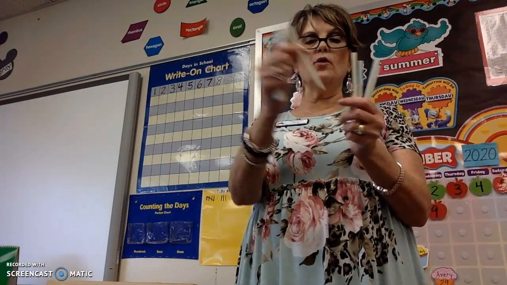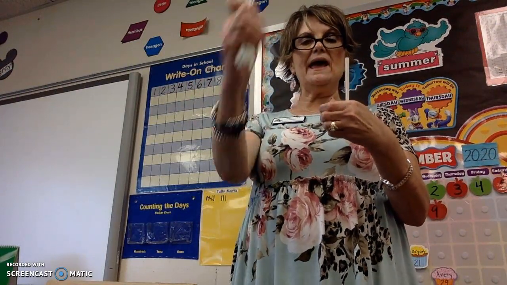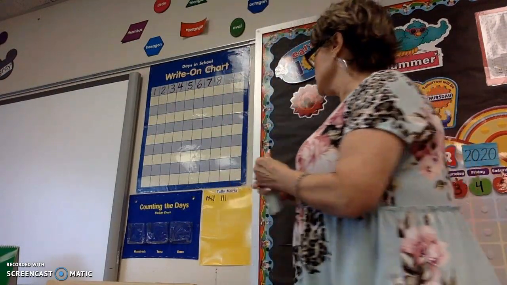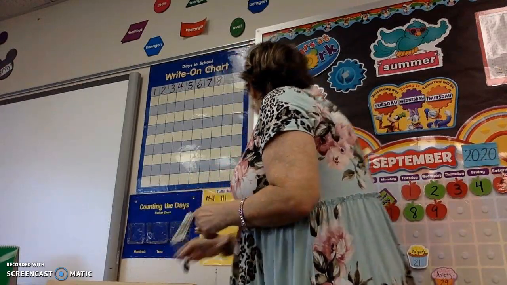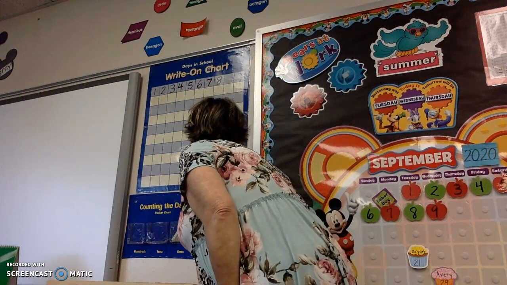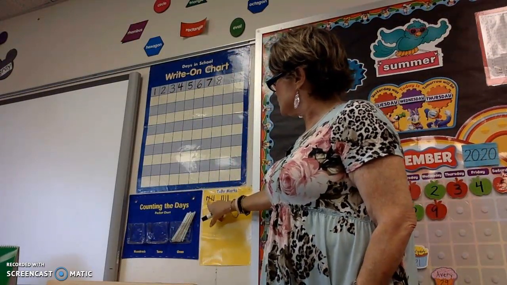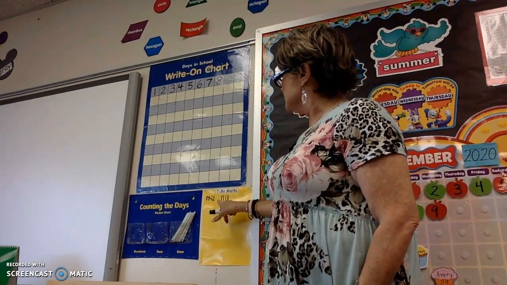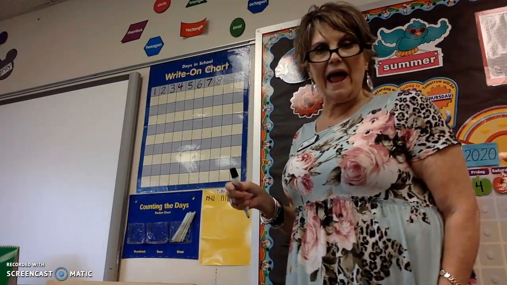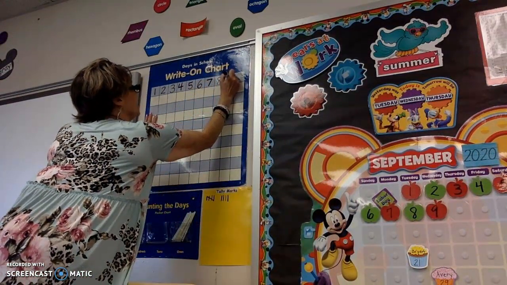So here we go. 1, 2, 3, 4, 5, 6, 7, 8, 9. We are so close to 10. Oh my goodness, we are so close to 10. Let's add a tally mark. And we have 1, 2, 3, 4, 5, 6, 7, 8, 9. 9 days of school. So Mrs. Hensley needs to write the 9 here.